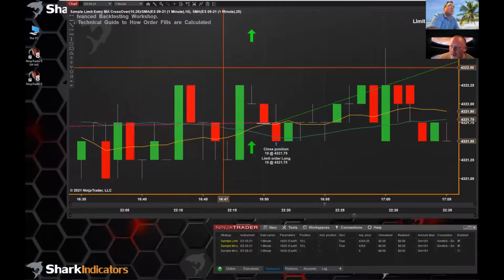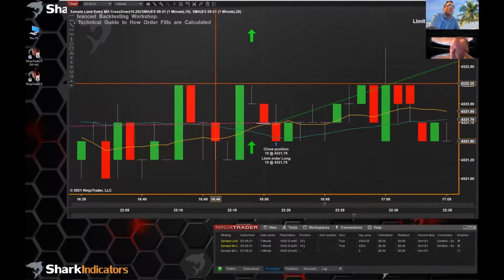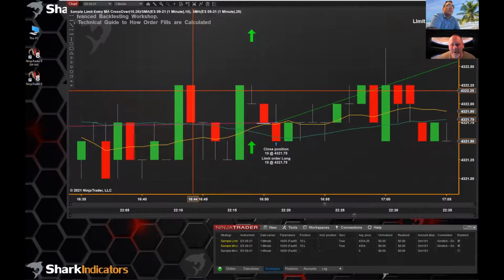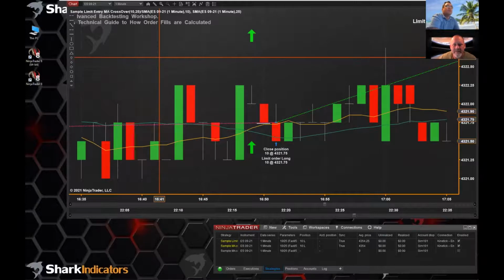We've got one from Aziv who was wondering if you could discuss how to test a specific strategy across a number of different stocks. Well, it depends on your trading platform, obviously.